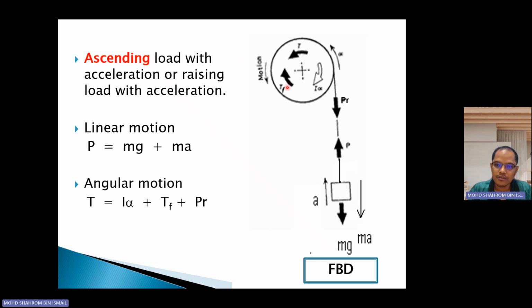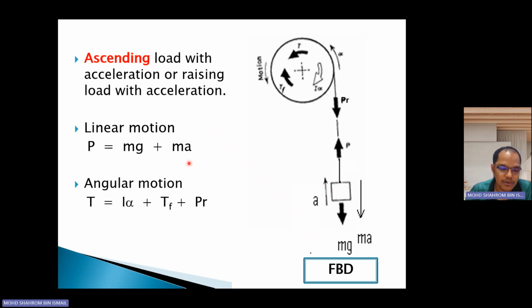As we can see here, we got the flywheel, where it turns anti-clockwise just in case to lift up the beban, lift up the mass over here.